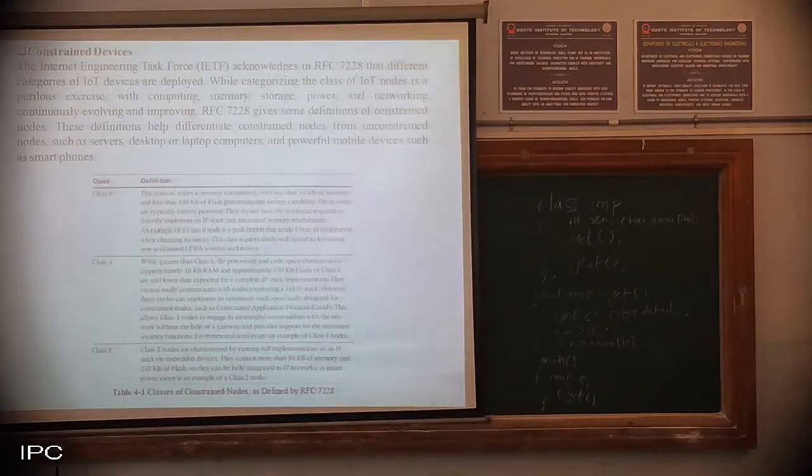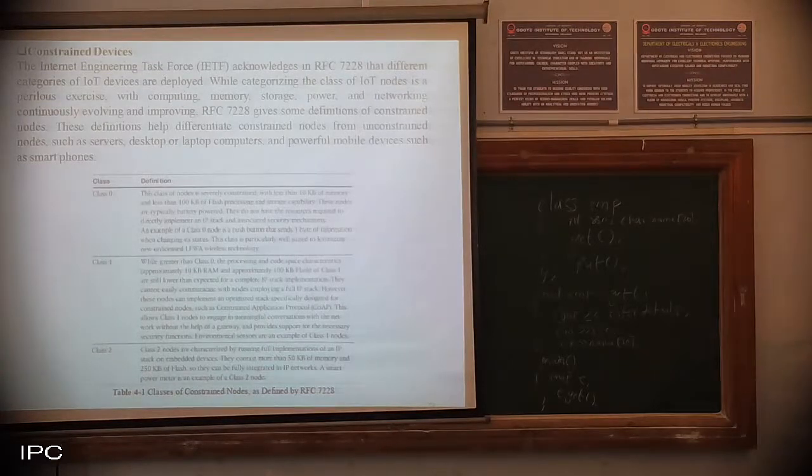Class 0 means nodes are severely constrained, with less than 10 KB of memory, and flash memory less than 100 KB, and the storage capability is also less than 100 KB. Those we classify into class 0.